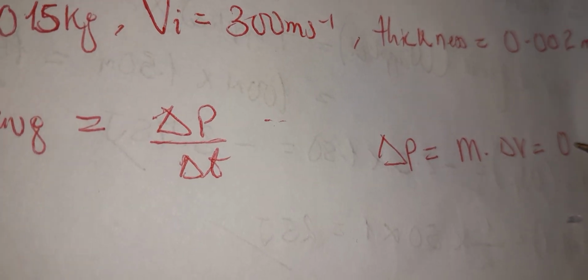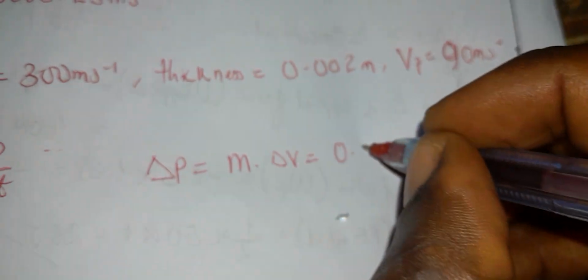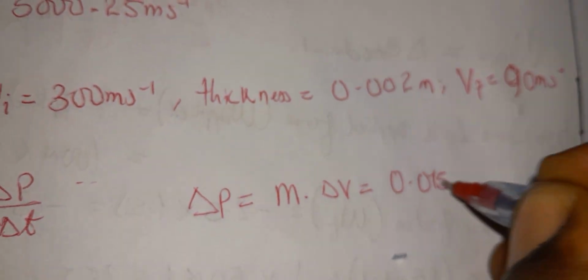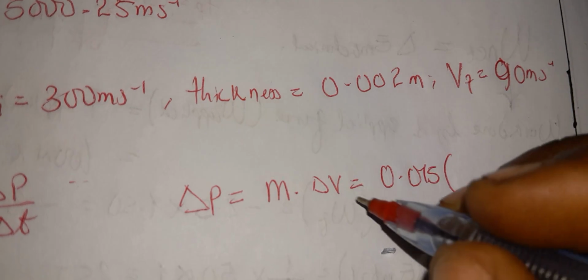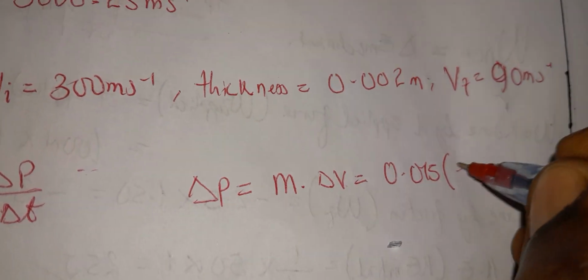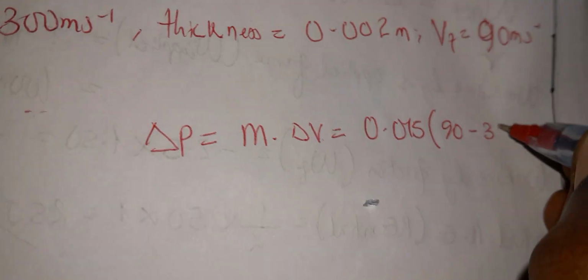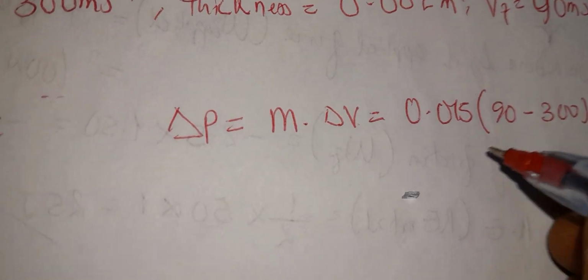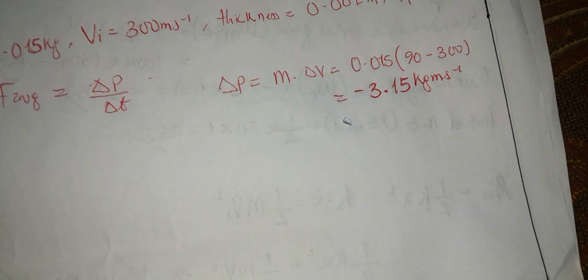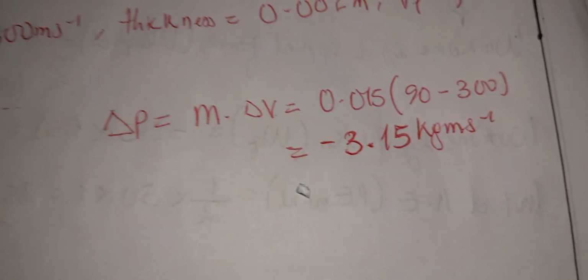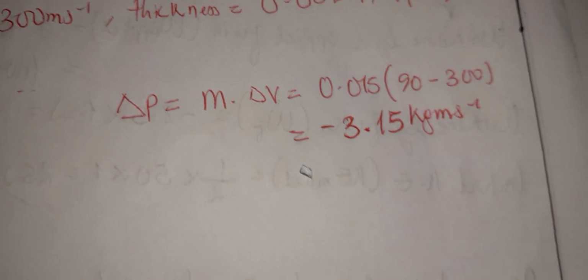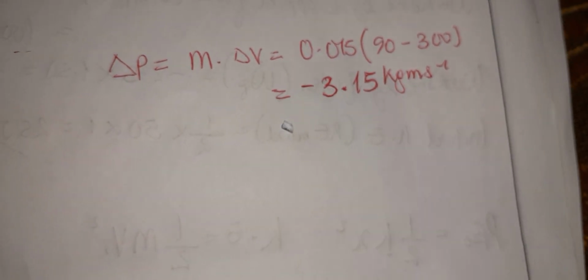That will be 0.015 times change in velocity, which is final velocity minus initial velocity, 90 minus 300. The reason why we have a negative value is because the final velocity is actually less than the initial velocity.